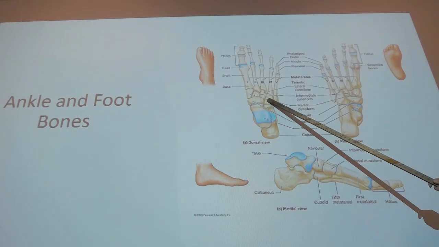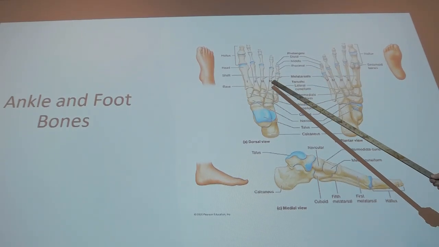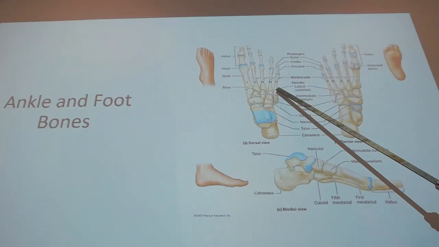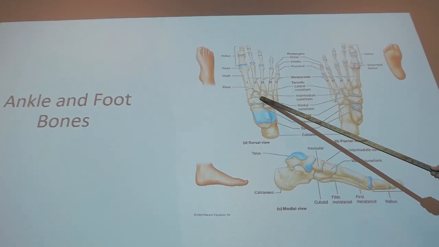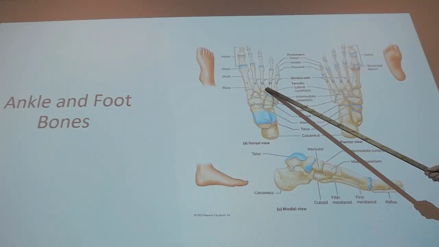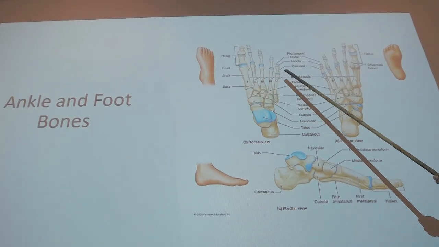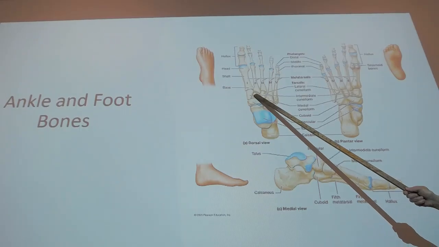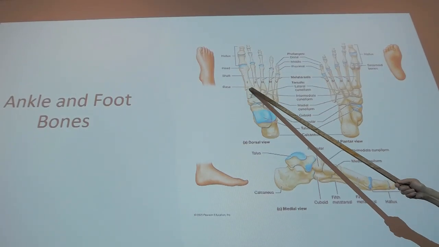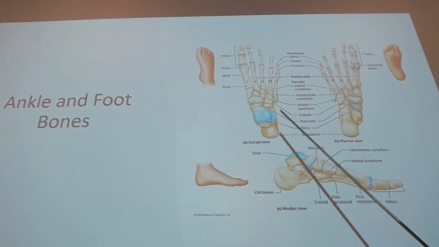So this cuboid connects to the fourth and fifth metatarsals. The lateral cuneiform connects to the third metatarsal, and then the second connects to this intermediate cuneiform, while the first metatarsal connects to the medial.